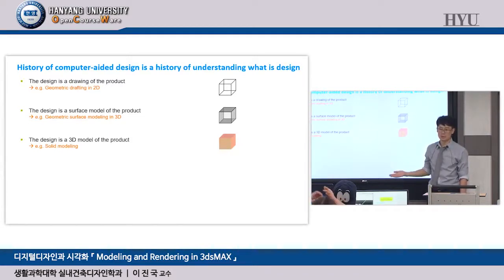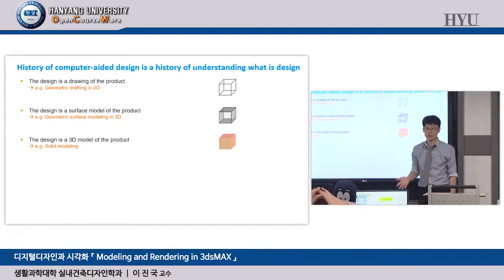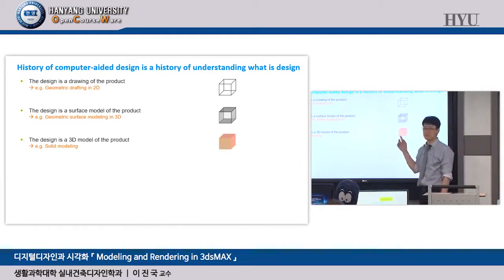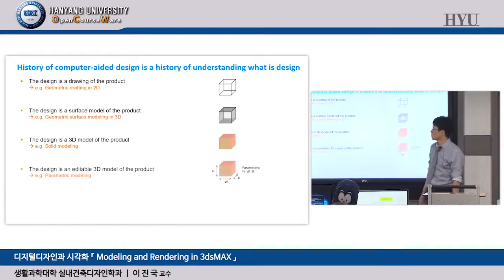There is nothing like that. In the real world, even if it's very, very thin or very lightweight, it has thickness. It has weight. So we need to fill in the definition of geometry with solid. That is the solid model, realistic.